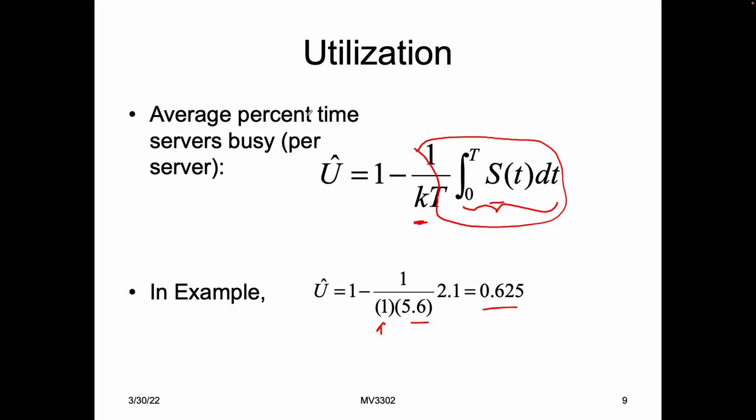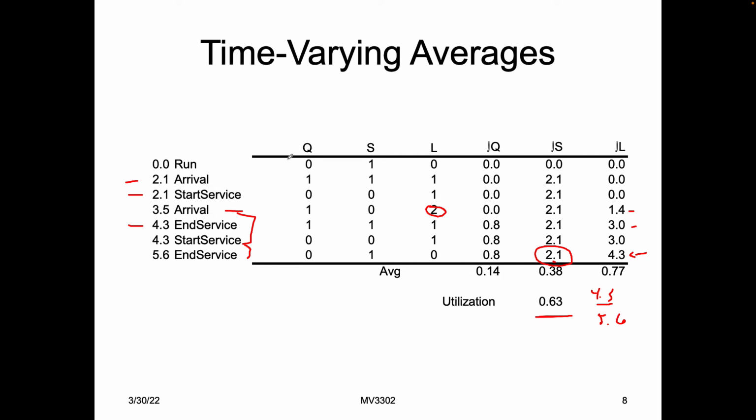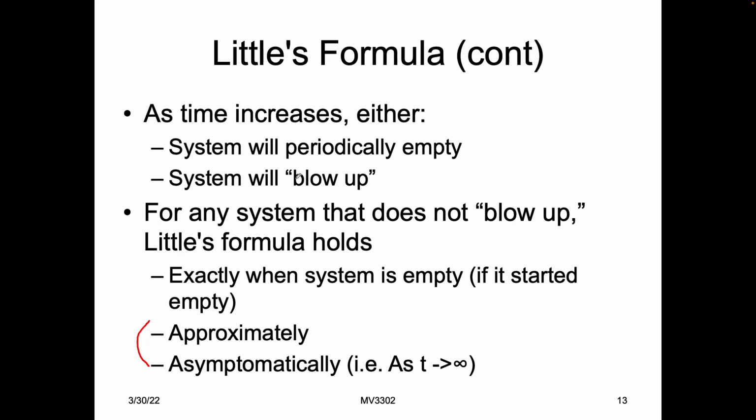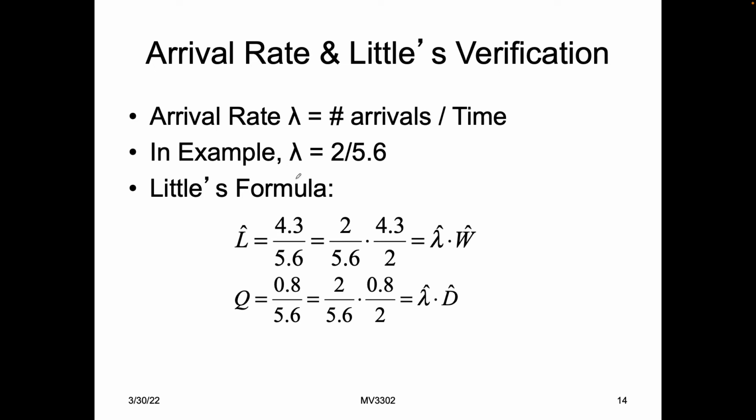We had to comb back through and keep track of everybody, when they showed up, when they left, etc. But it turns out that using Little's formula, we could have skipped this and used Little's formula to compute both the average time in the system and the average delay in the queue.